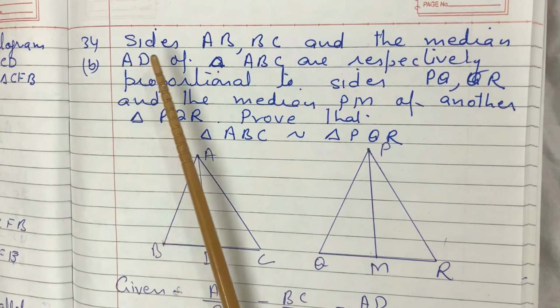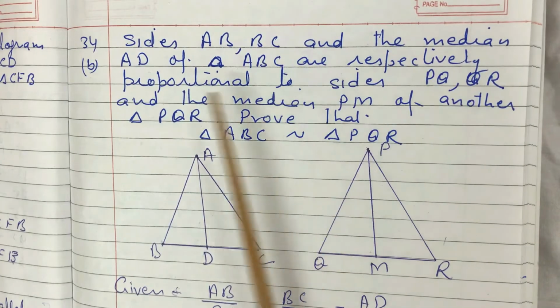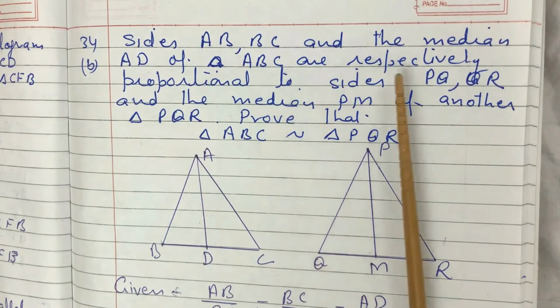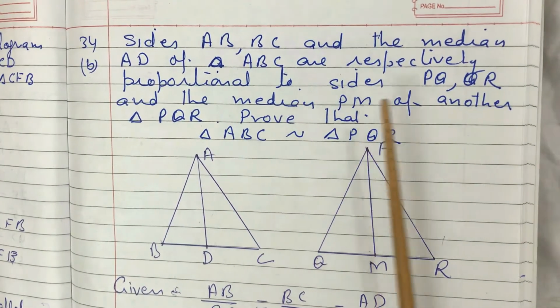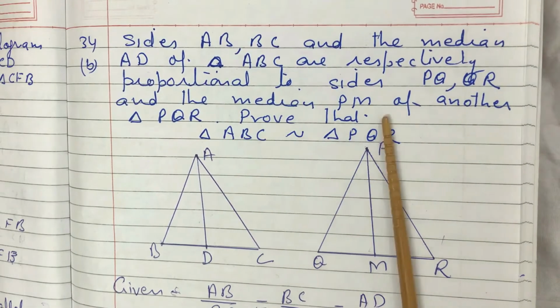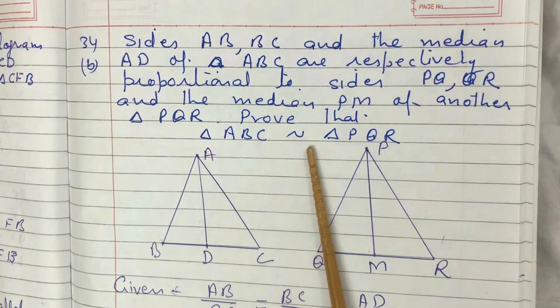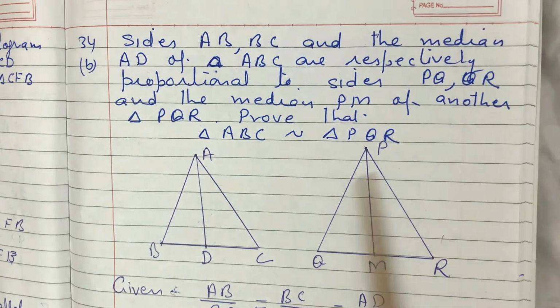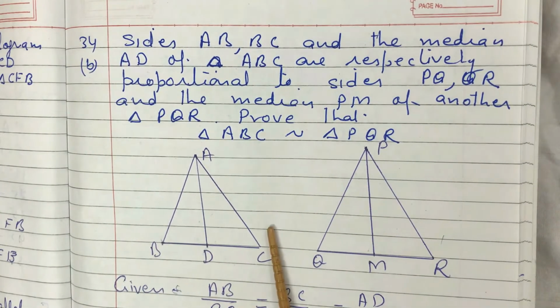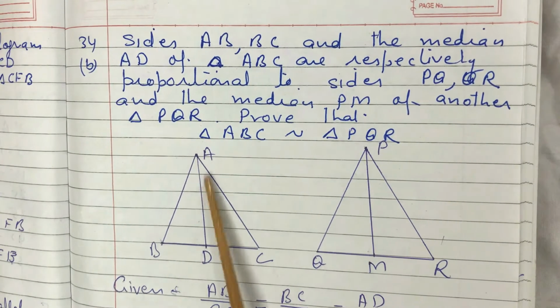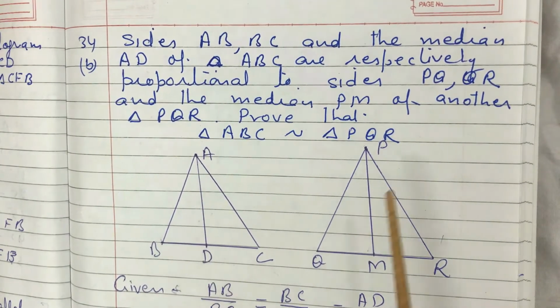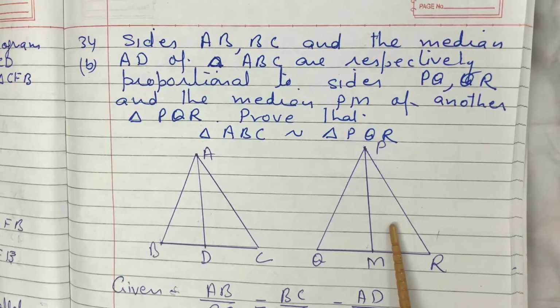34th question B part. Sides AB, BC and median AD of triangle ABC are respectively proportional to sides PQ, QR and median PM of another triangle PQR. Prove that triangle ABC is similar to triangle PQR. Now I have these two triangles ABC and PQR, where AD is the median in this triangle and PM is the median in this triangle.